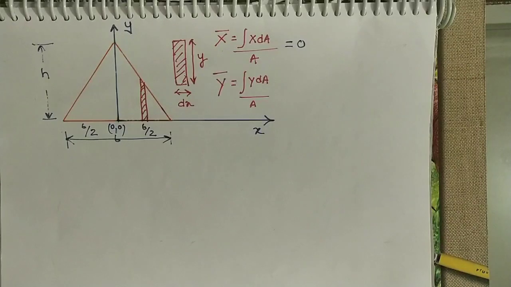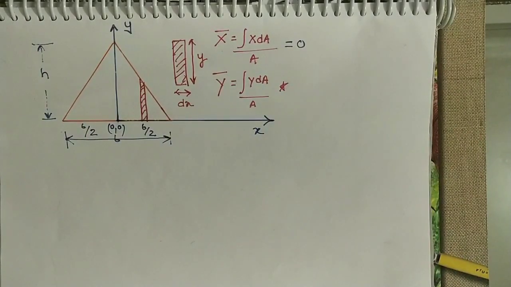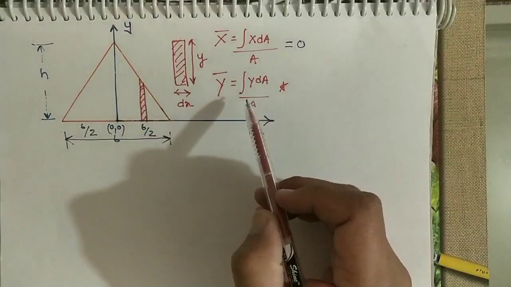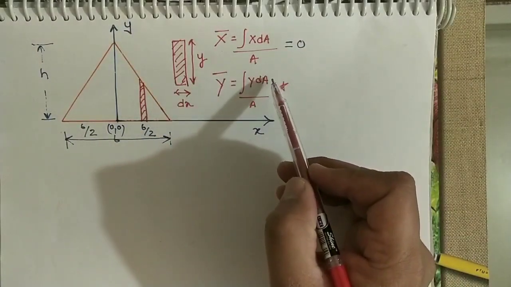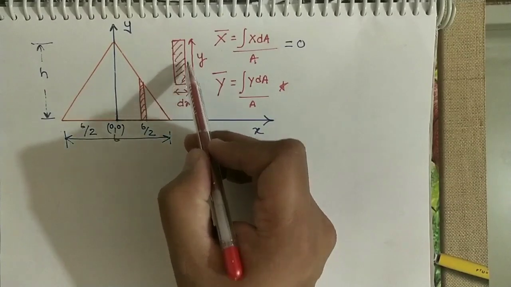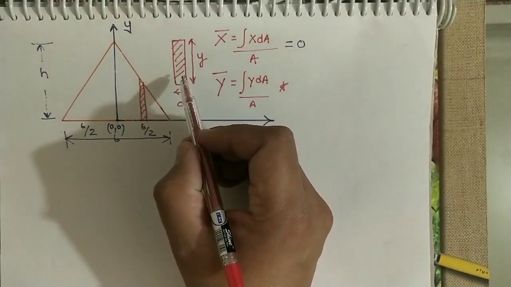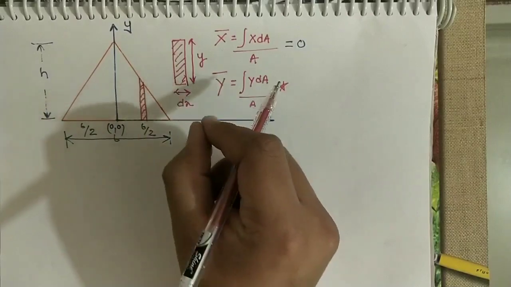So I have selected a planar element and I will use this relationship to find out the y coordinate of the centroid of this triangular lamina. Now in this relationship, this y is nothing but the centroid of this element which is considered. Obviously the element is very small and it is just like a line.